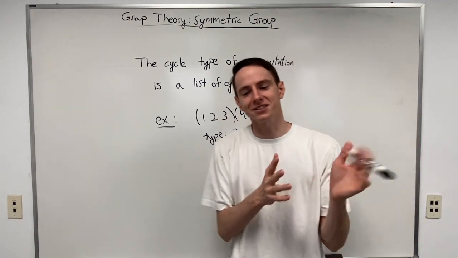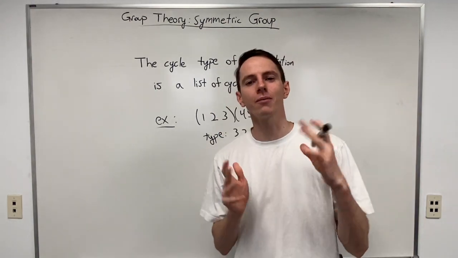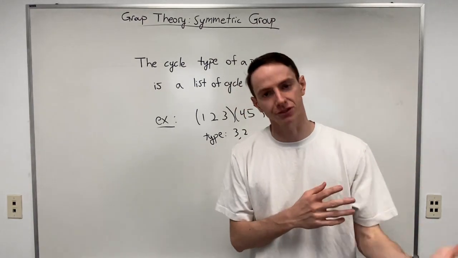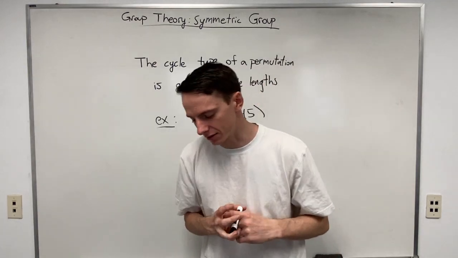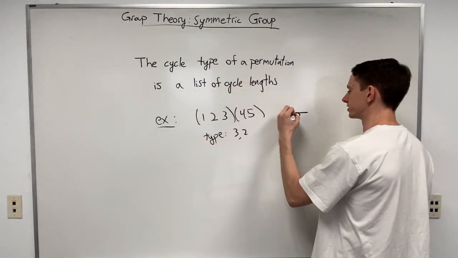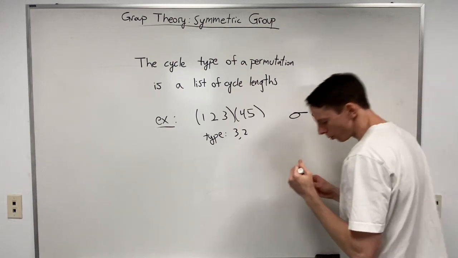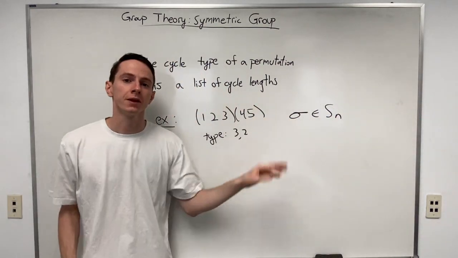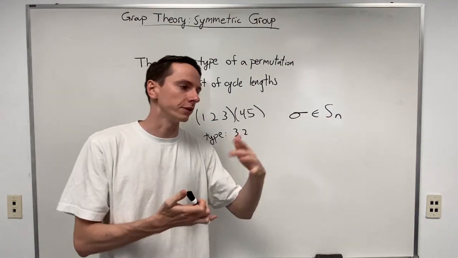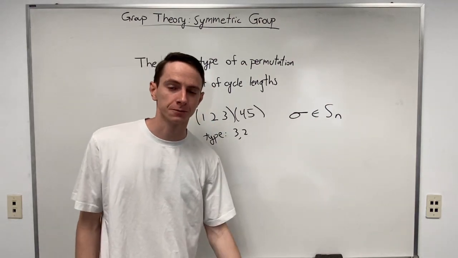Now, the point of this is that there should be some other way of classifying permutations, or elements of the symmetric group. A way that we can say, whatever sigma in Sn we have, whatever the permutation sigma is, it's going to fall under one of a small number of categories.